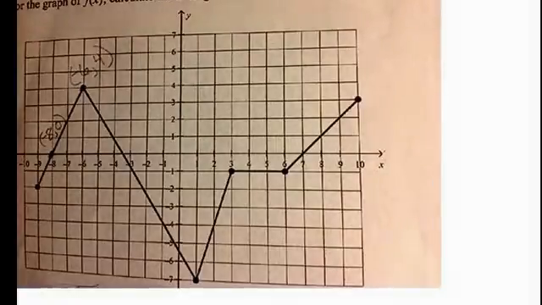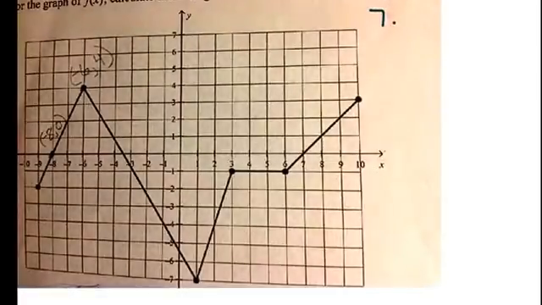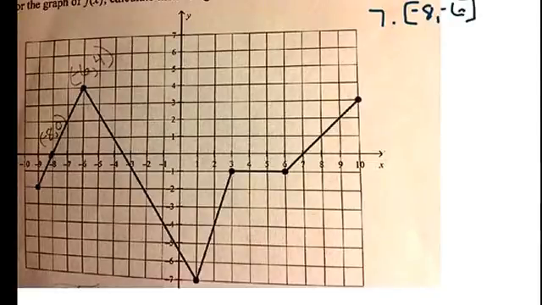Okay, so number 7 on your assignment is going to ask for you to calculate the average rate of change on the given interval, given this graph, for the interval -8, -6. Okay? That is a really bad 6. Just a moment.